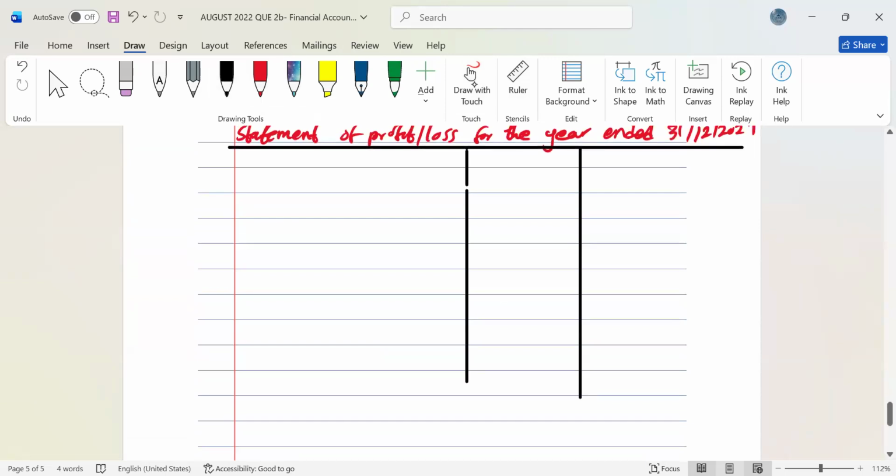So we'll have our shillings presented in thousands, shillings in thousands.